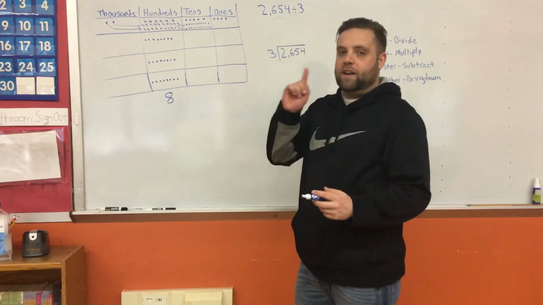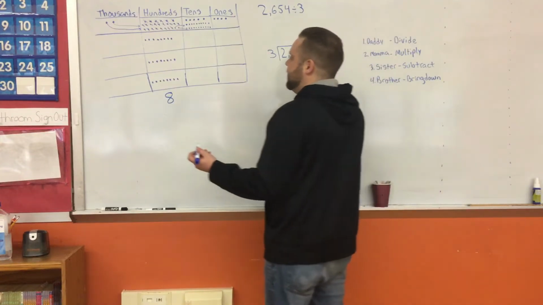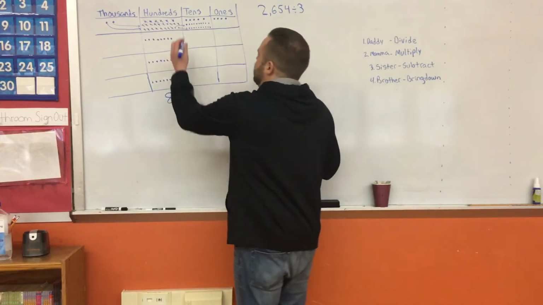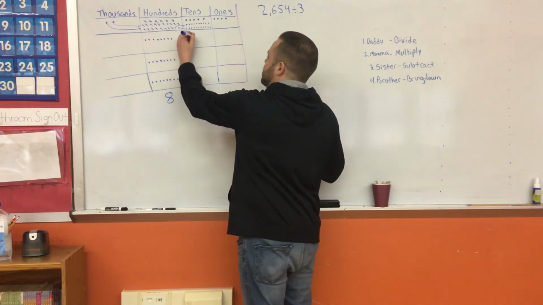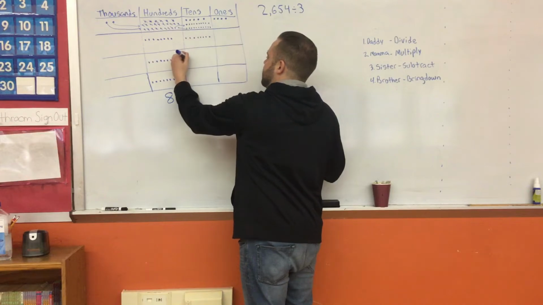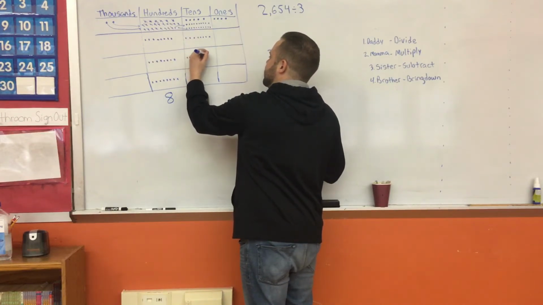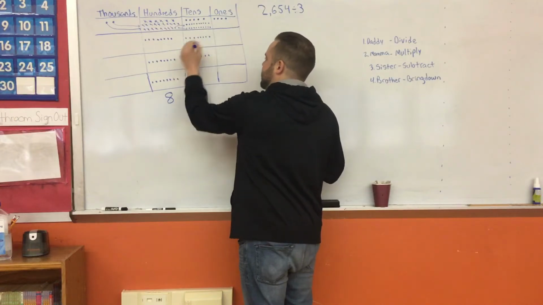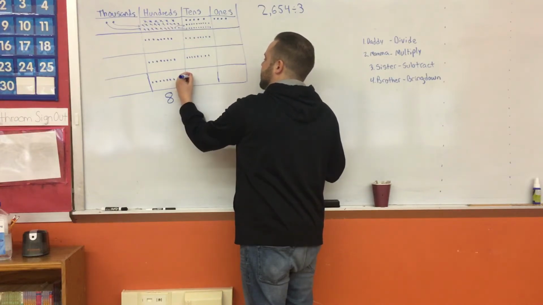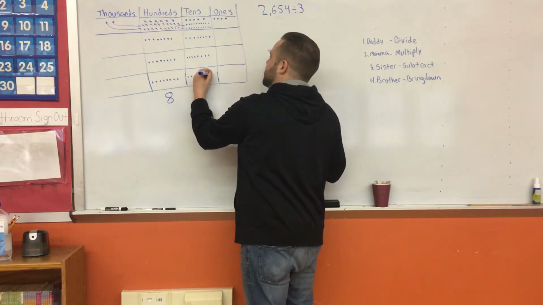So I'm going to have 1 left over, and that means I'm going to have 8 again in each group. 1, 2, 3, 4, 5, 6, 7, 8 in each group, which makes 24.